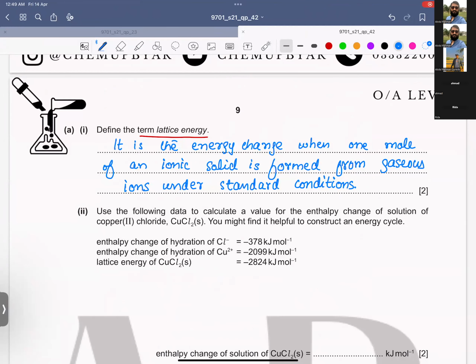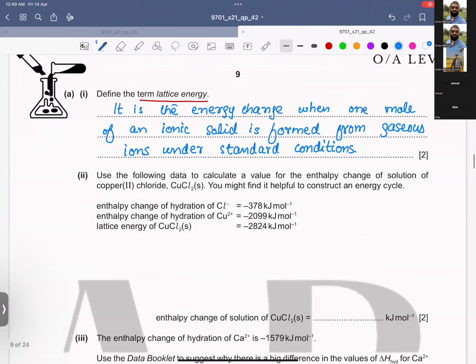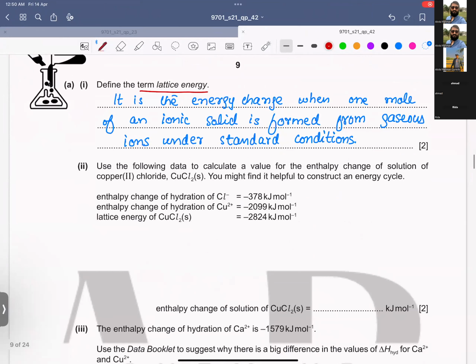Now, use the following data to calculate a value for the enthalpy change of solution of copper 2 chloride, that is delta H sol.